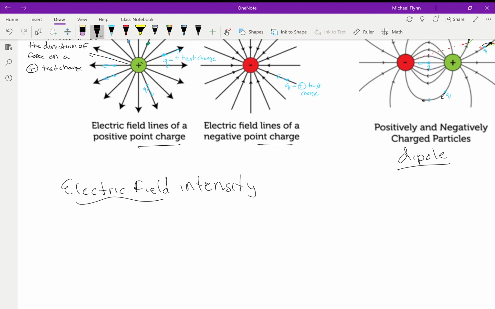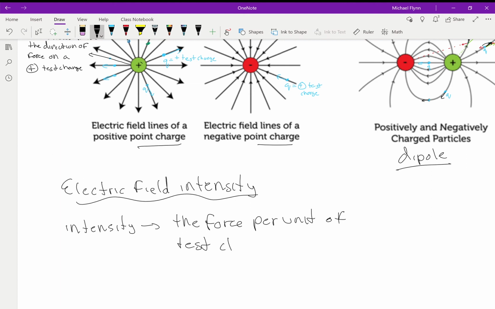Now I'm going to tell you that the electric field intensity is the same as the force per unit of test charge.